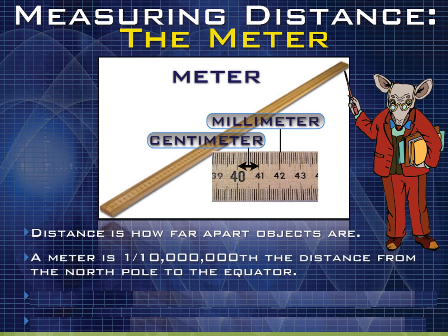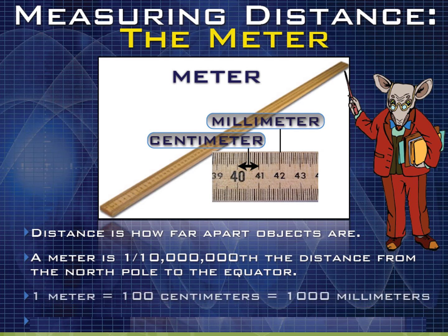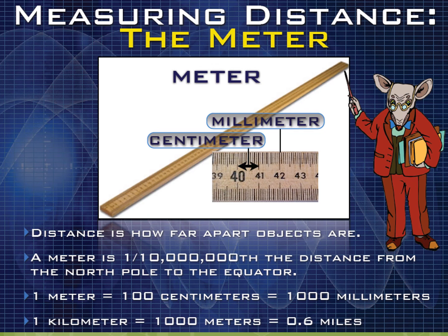So a meter again is 1/10 millionth the distance from the North Pole to the equator. 1 meter is 100 centimeters and 1,000 millimeters exactly, so it's perfect about the metric system. And a kilometer is 1,000 meters, which is about 0.6 miles, 0.609 miles.